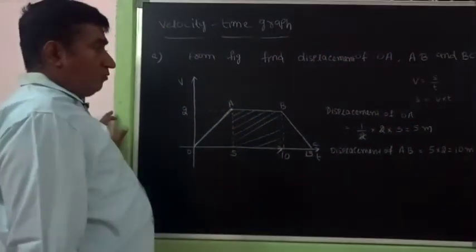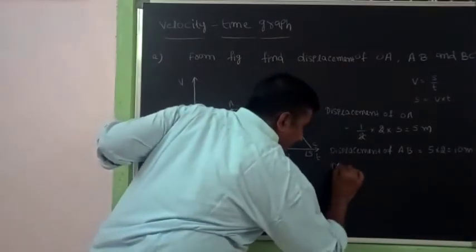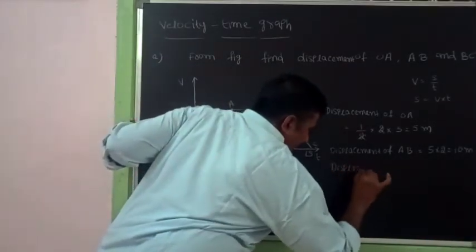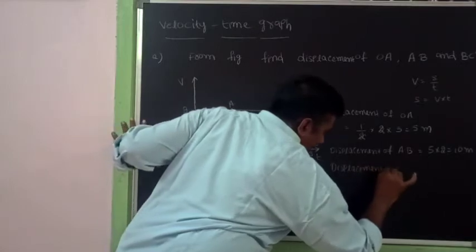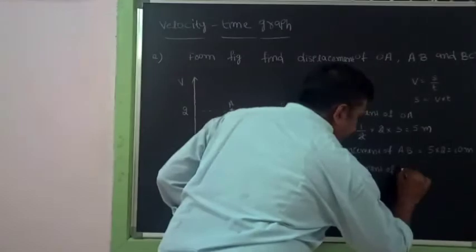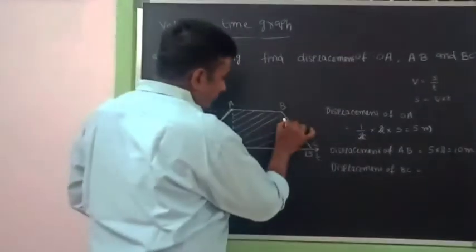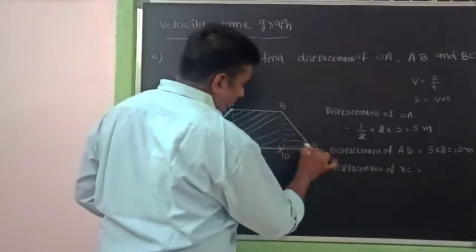Okay. So then what is the displacement of BC? For displacement of BC, this is the shape, a triangle.